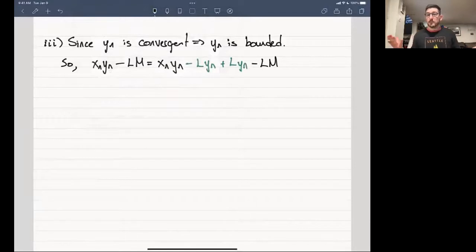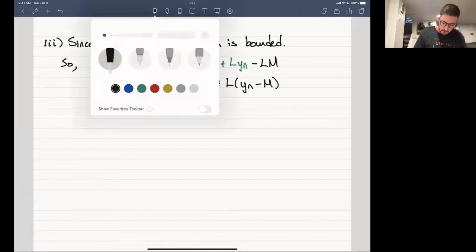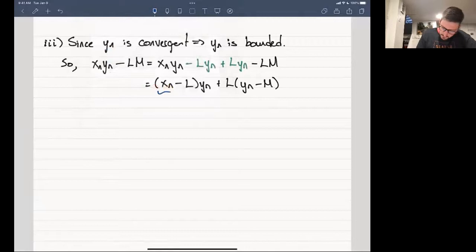I've added and subtracted the same thing, so it's 0. Imagine going forward 5 years and then backwards 5 years; you're right back where you started. The advantage is that now I can factor. And so here I get L times yn minus m. Let's take a look at this. Maybe let's put some comments in blue. This is a null sequence.